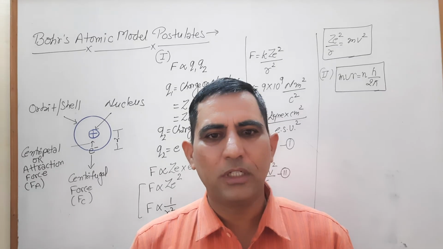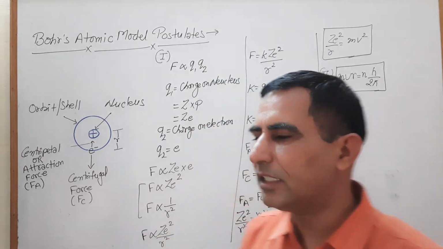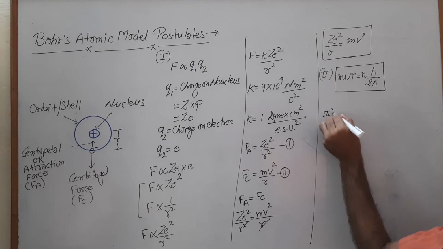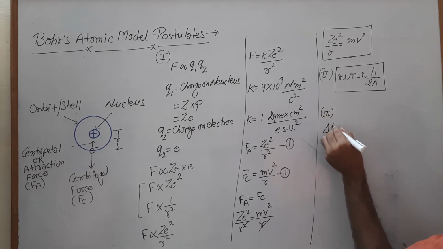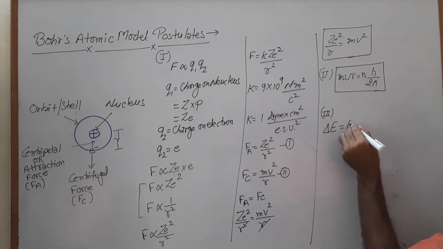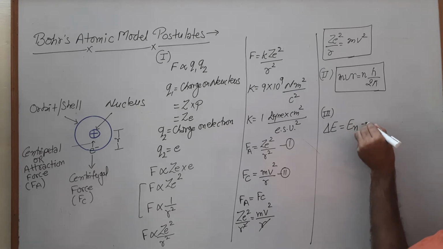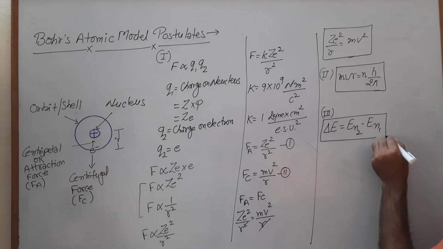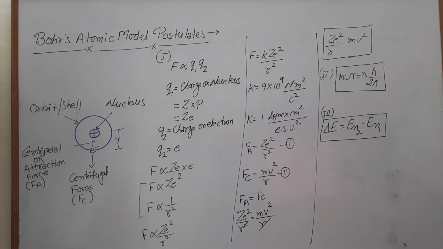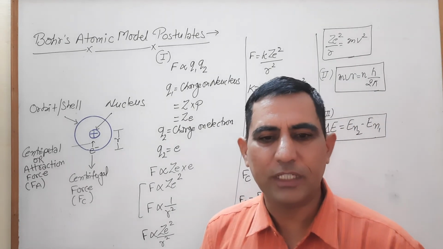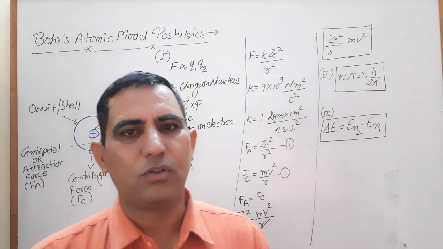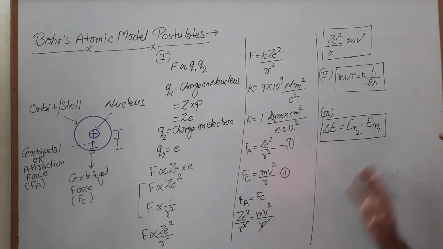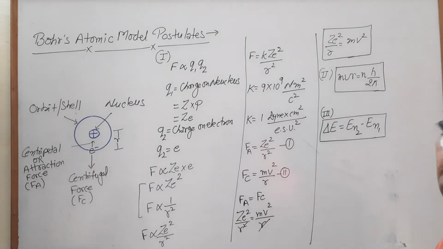That absorption or emission of energy is given by a formula, and that formula is known as the third postulate. Del E is equal to En2 minus En1. En2 means energy of the electron in the higher energy level, and En1 means energy of the electron in the lower energy level.